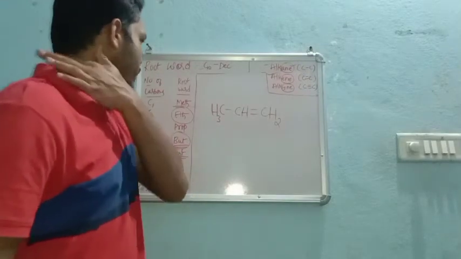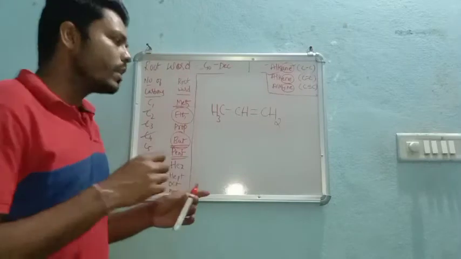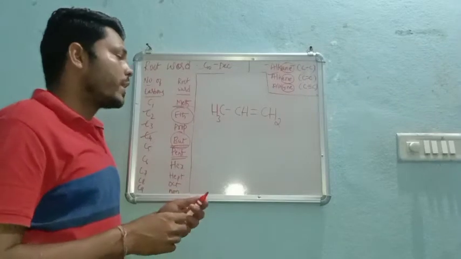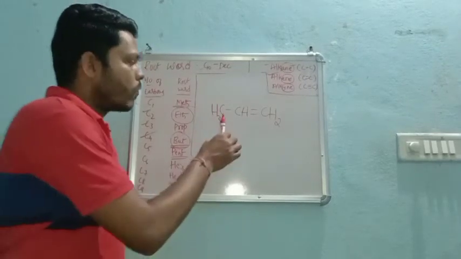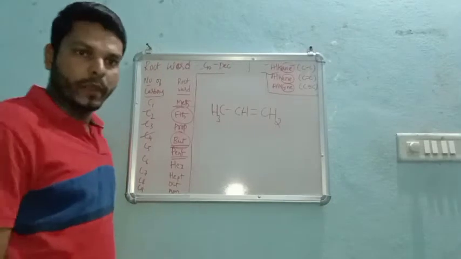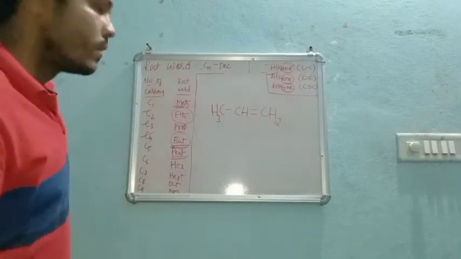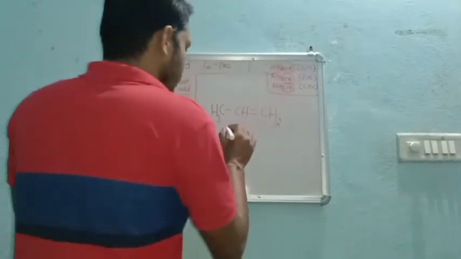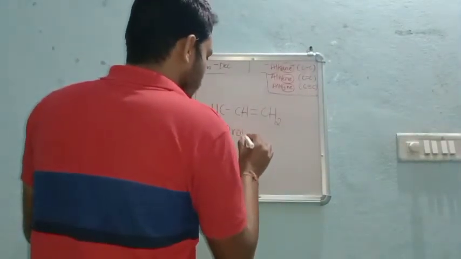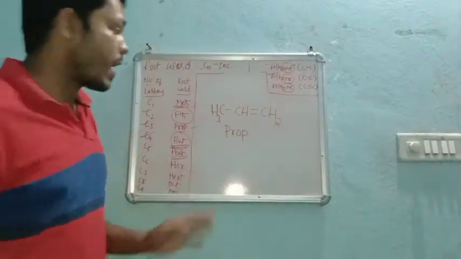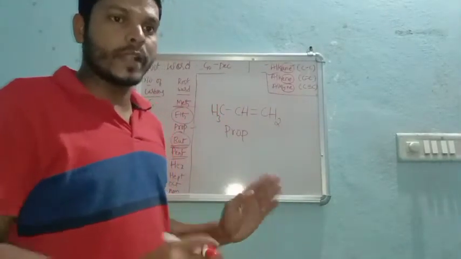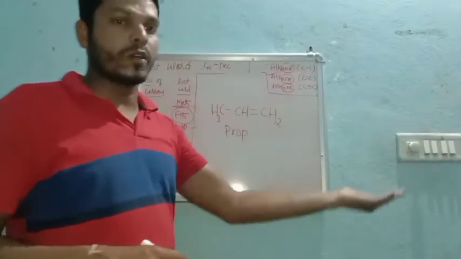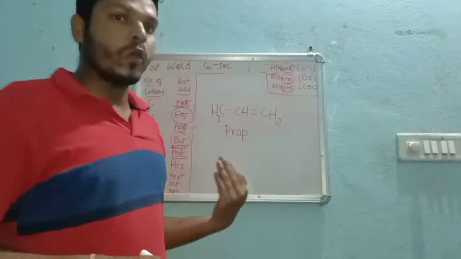Now go for naming. Again the same thing. How many carbon atoms are present? 1, 2, 3. 3 means what do we have to use? We have to use the prefix prop. Now I will not give the number also, because I don't want to give that rule, the lowest numbering rule.